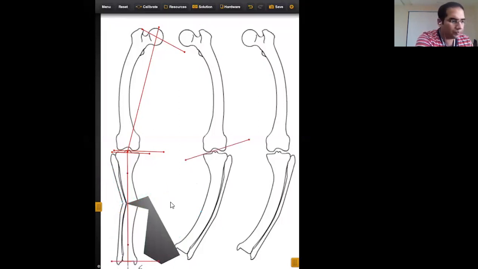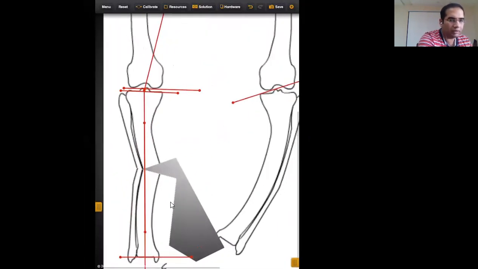Now, look at the shape of the bone. Does this bone look normal to you? It's just like you have got a banana and you have just cut it in the middle and straightened it. Though the joint orientation is restored, the mechanical axis is restored.